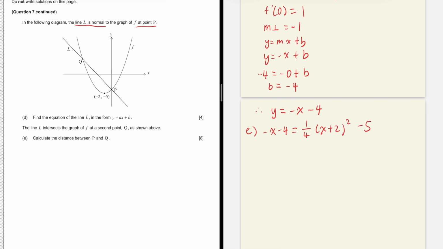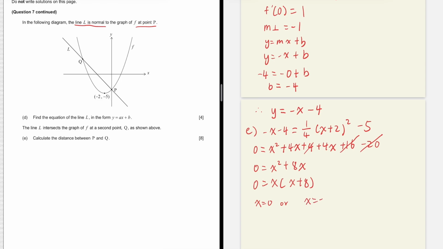And we can multiply everything by 4, and so we will get 0 equals x squared plus 4x plus 4 plus 4x plus 16 minus 20. And then these cancel out, so 0 equals x squared plus 8x. 0 equals x times (x plus 8). So therefore, x equals 0, or x equals negative 8.